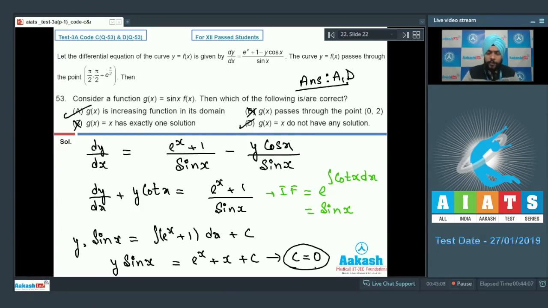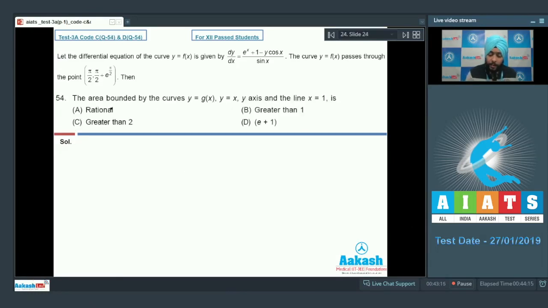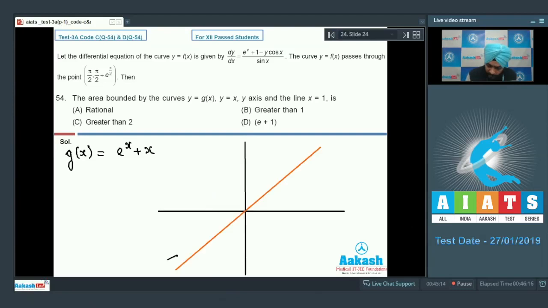Let us move on to 54. Now students, area bounded by the curves y equal to g(x), y equal to x, and the y-axis and the line x equals 1. So g(x) is e^x + x. For the area bounded, let us draw the curves once again. The graph of g(x) will be something like this, going parallel to the line and then taking a very increasing slope in the first quadrant.